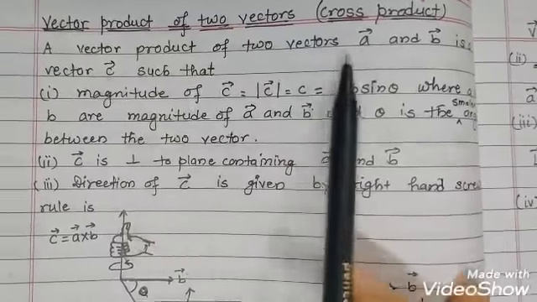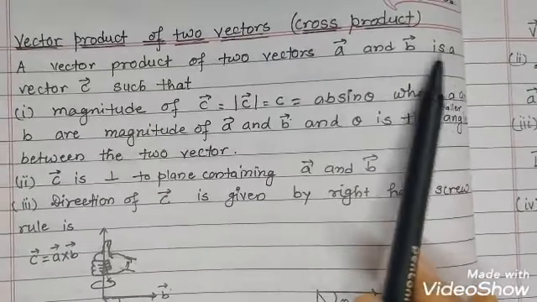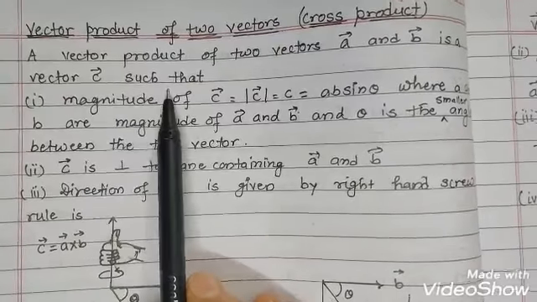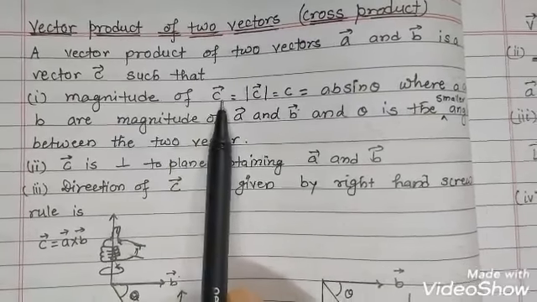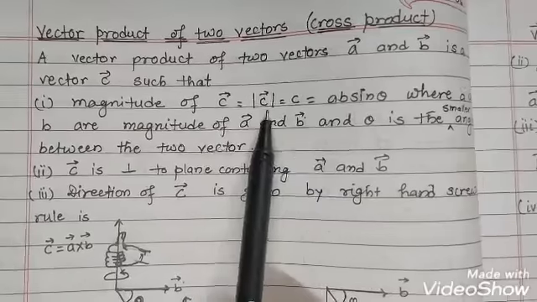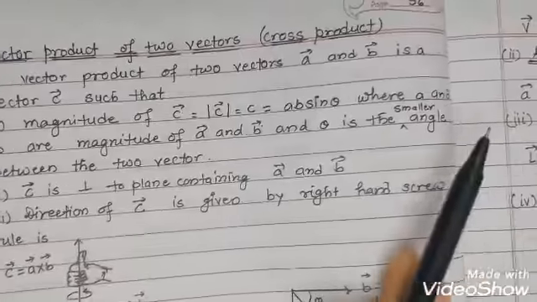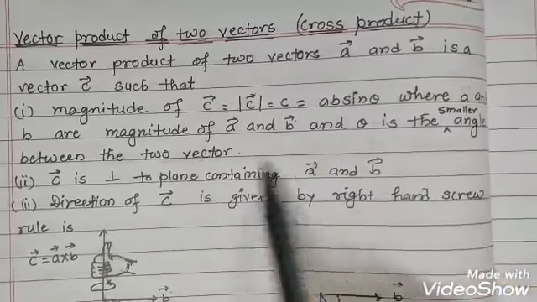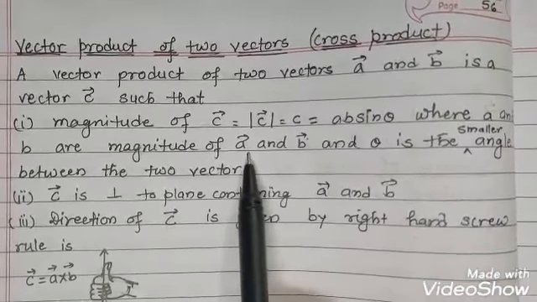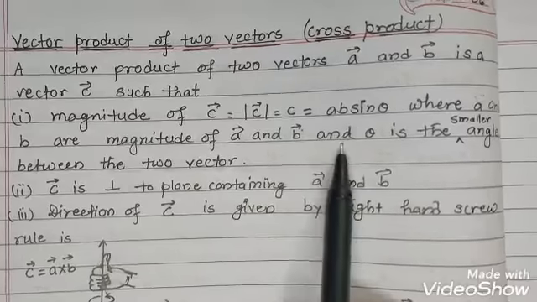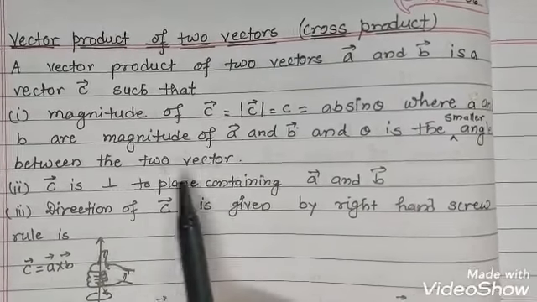Vector product of two vectors A and B is a vector C such that the magnitude of C is given by C = AB sin θ, where A and B are the magnitudes of the vectors A and B, and θ is the smaller angle between the two vectors.